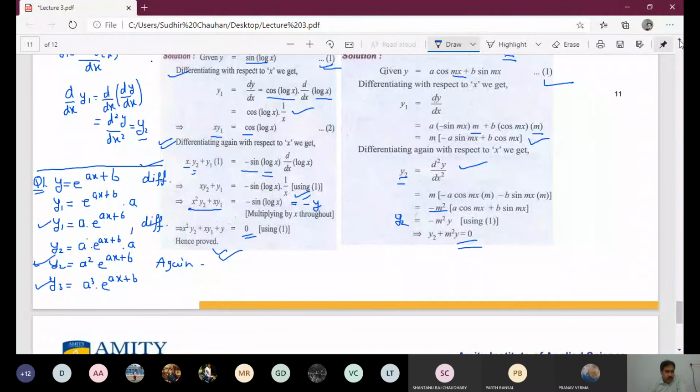In case of y3 we have a cube e raised to power ax plus b. So we can retain the symmetry, and then we can write y8. What will be the value of y8? A raised to power 8 e raised to power ax plus b.